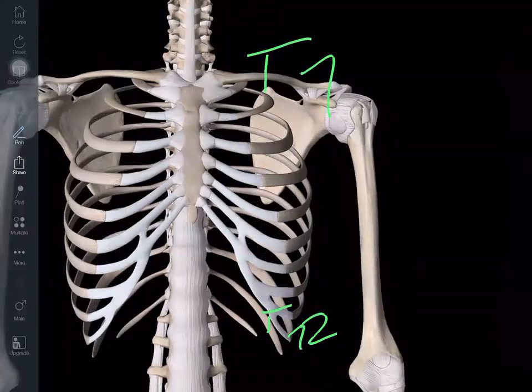Those nerves run in the intercostal spaces, so you have 11 intercostal nerves, and the nerve running right under the 12th rib is called the subcostal nerve. That's how easy it is. So you have 11 intercostal nerves and one subcostal nerve on each side.